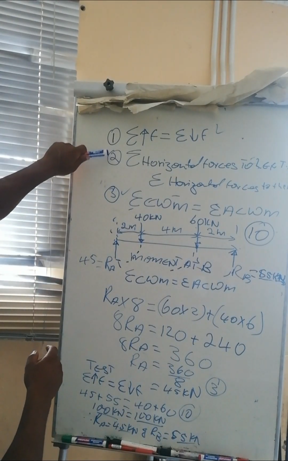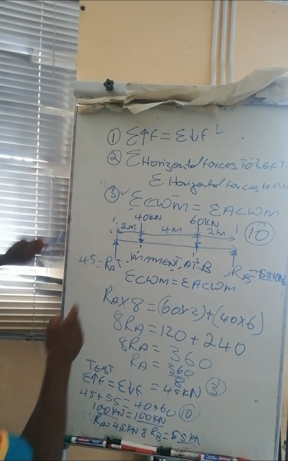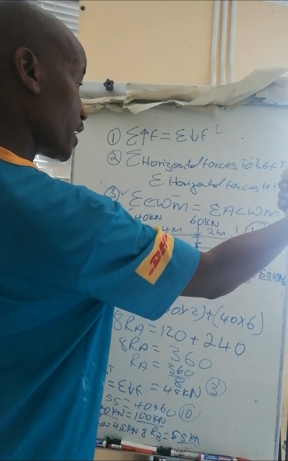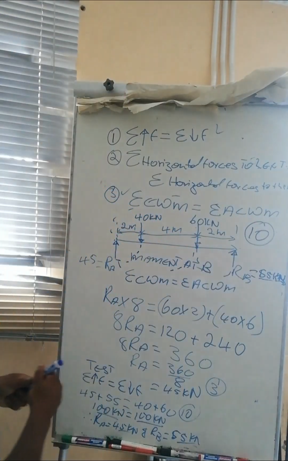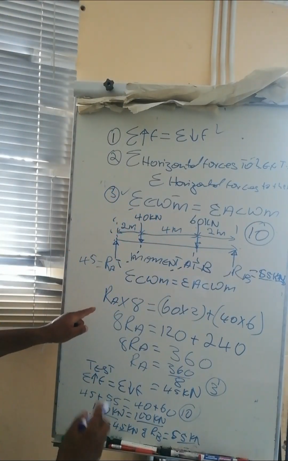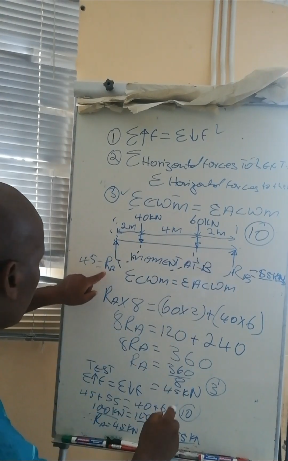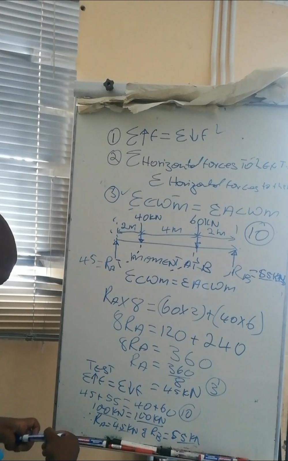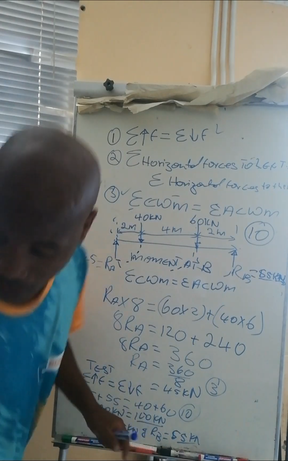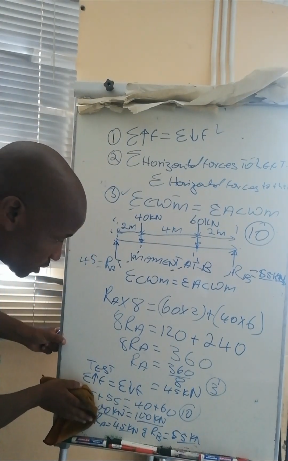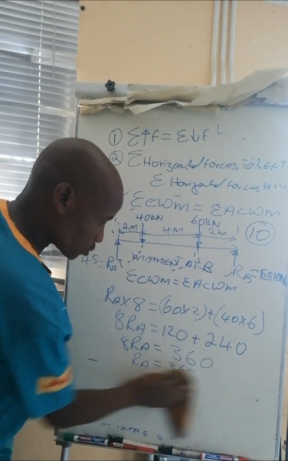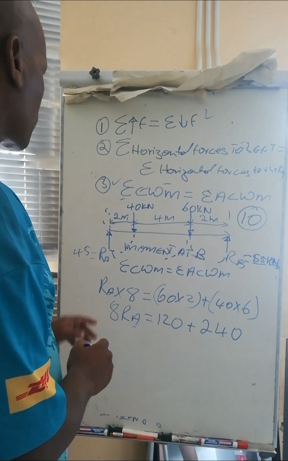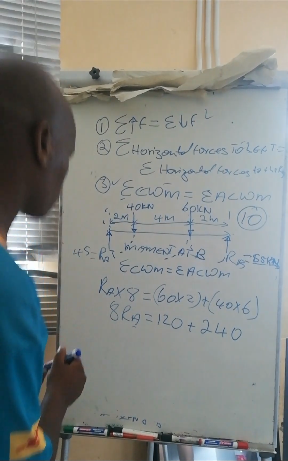You can also prove condition 2, whether it holds. Remember, we say the horizontal forces to the left must be equal to the horizontal forces to the right. Let's check. I just wanted to show you something with regard to condition number 2.